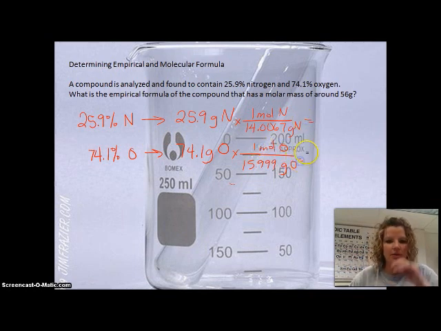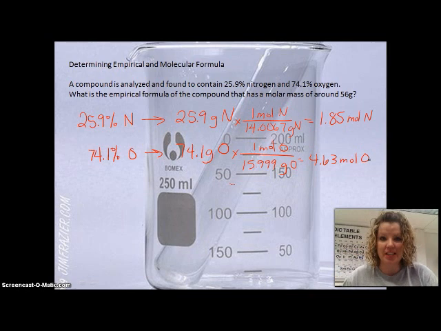Okay, so now we've taken both things into moles, and we get 1.85 moles of nitrogen, and we get 4.63 moles of oxygen. Okay, when in doubt on a problem, take it to moles, because moles is what you can work with. So we did this in our limiting reactant, and then we do this to find the formula as well.